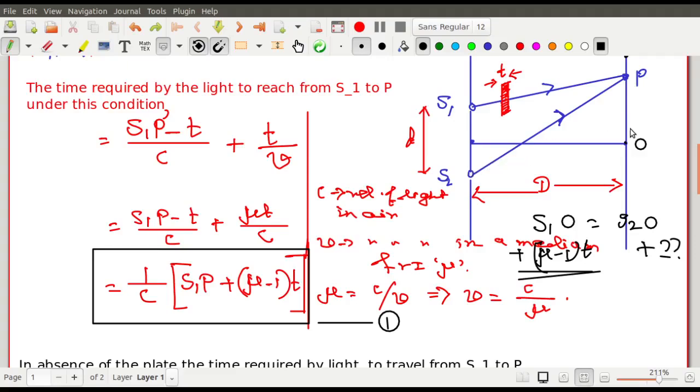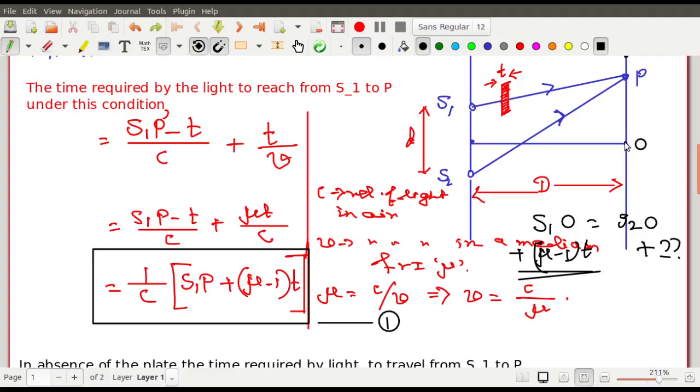Is it clear to you why the central fringe is shifted? So the central fringe is shifted because what is the definition of central fringe? Central fringe এর definition হচ্ছে এটা এমন একটা পয়েন্ট যেখানে দুটো পাথ ইকুয়াল হতে হবে. It is such a point where both the paths from S1 and S2 must be equal, right?